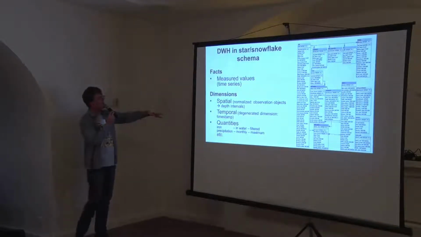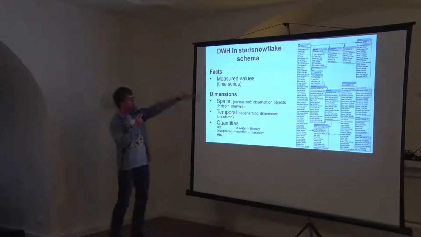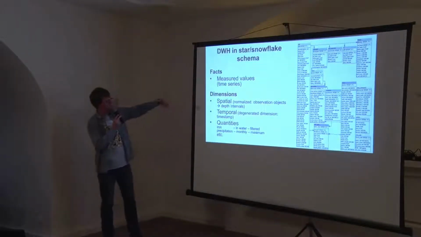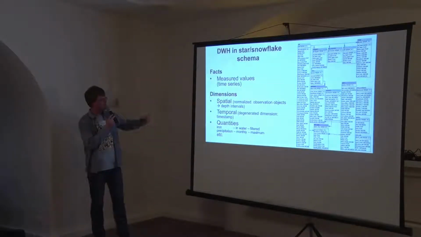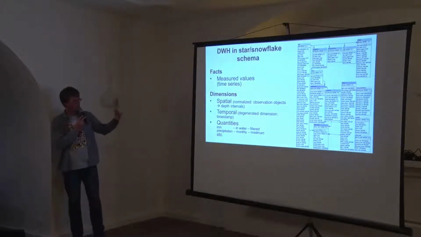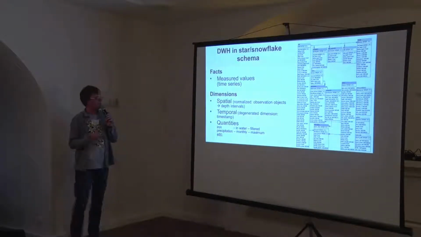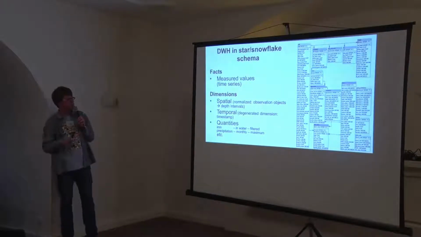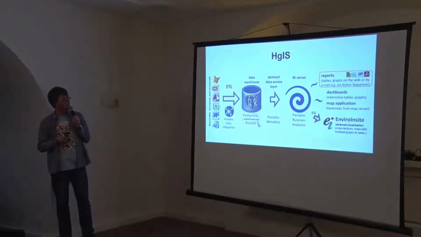There are facts, which are measured values, and some dimensions. There is a spatial dimension, the observation objects, and those observation objects are divided into specific depth intervals, and there are quantities. This structure reflects the nature of the groundwater data.